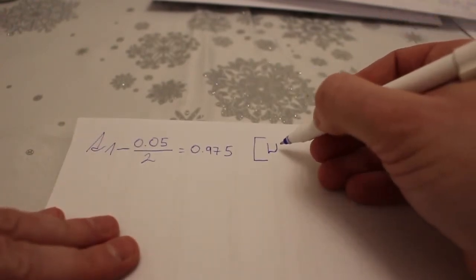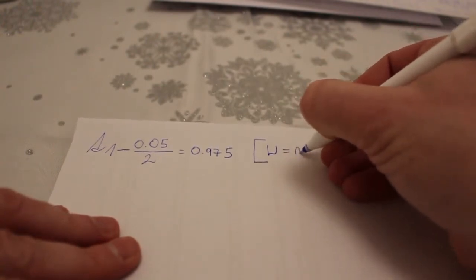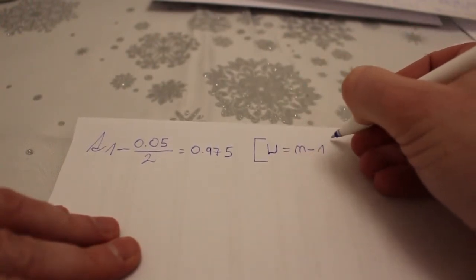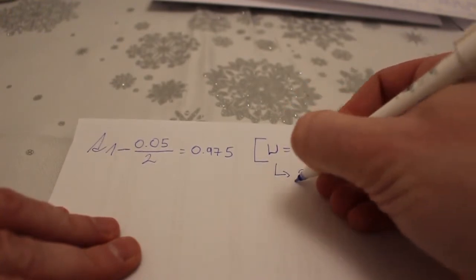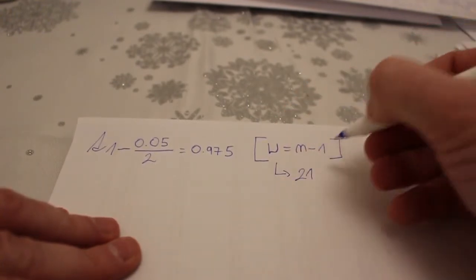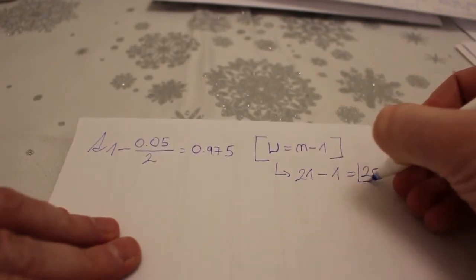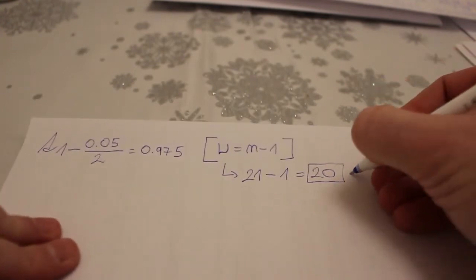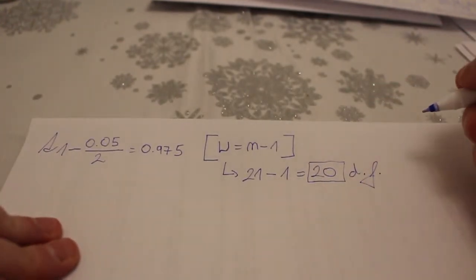This is the small Greek letter nu, which is calculated as n minus 1. In our situation, 21 bottles minus 1 is equal to 20 degrees of freedom.